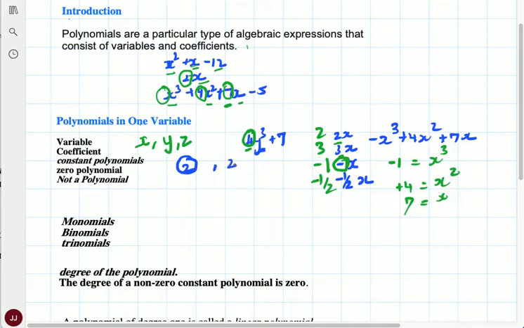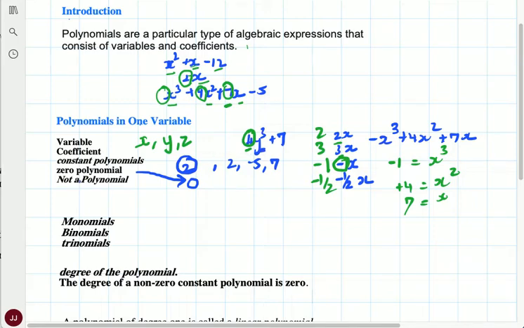You can say 2, minus 5, 7 are other examples of constant polynomials. And 0 is also a constant polynomial, and it is called the zero polynomial. So the constant 0 constitutes the zero polynomial.